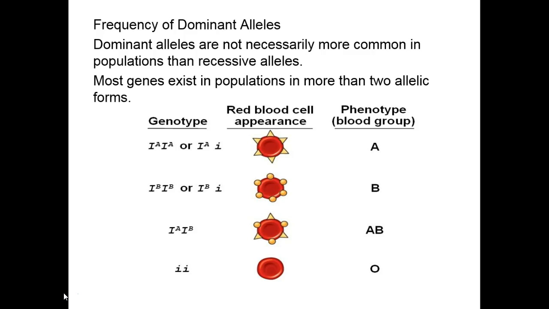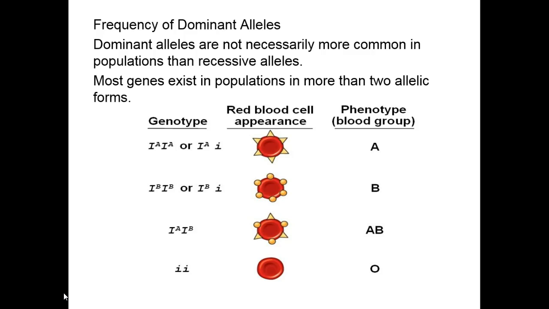One example of a codominant allele: they're not necessarily more common. For example, looking at blood type, not only do you have codominance with regard to blood types, but you also have the Rh factor.